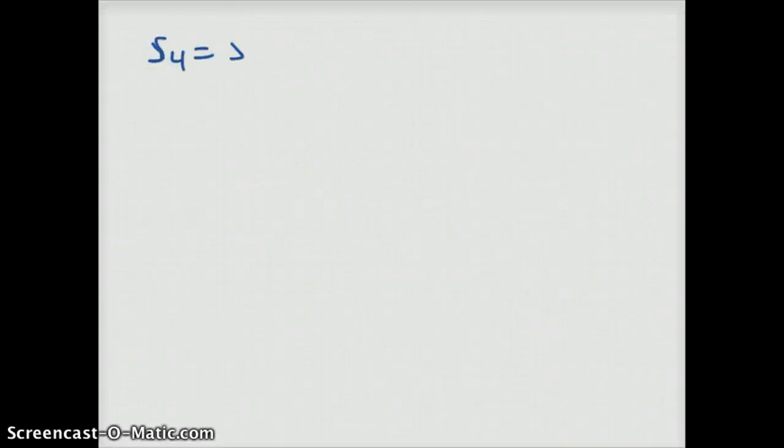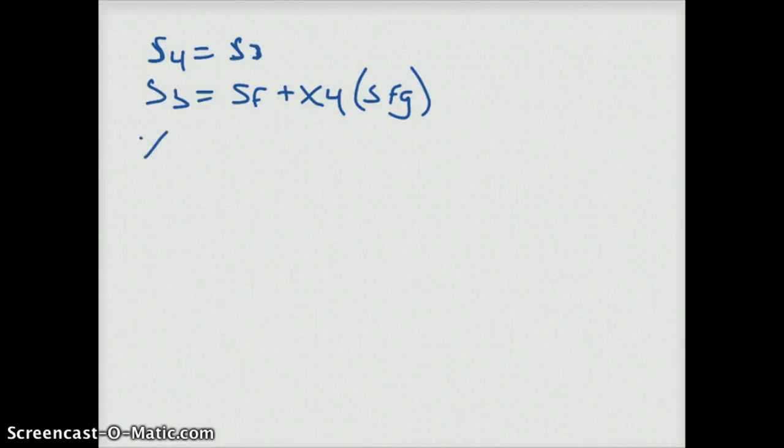So we're going to find our quality using this equation again. S3 is equal to SF plus X4 SFG. We plug in our values and we find that our X4 is equal to 0.0771. So again, we find our values for H4.